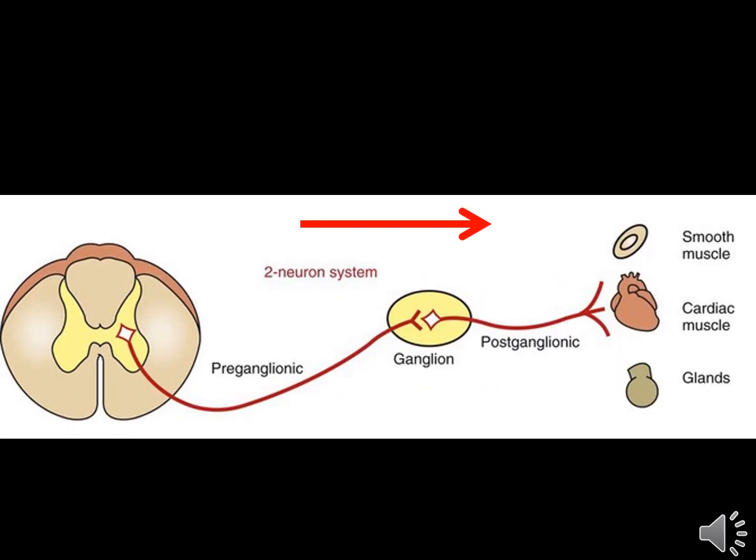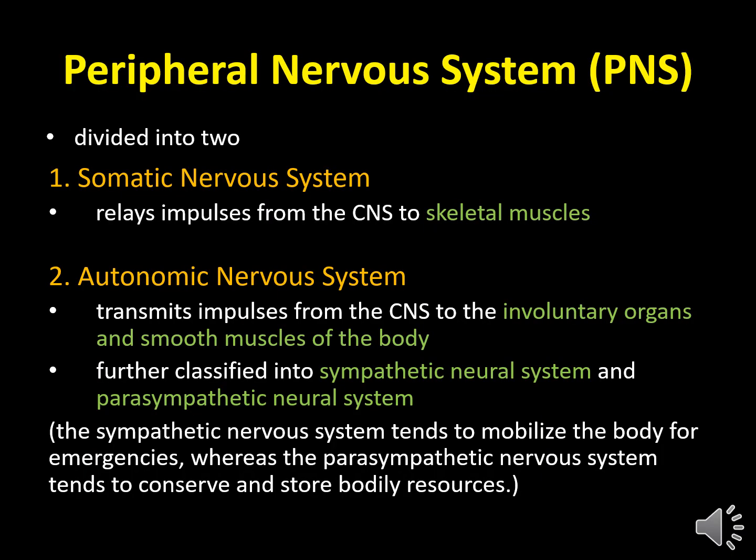The autonomic nervous system transmits impulses from the central nervous system to involuntary organs and smooth muscles of the body. The autonomic nervous system can be further classified into the sympathetic nervous system and the parasympathetic nervous system. The sympathetic nervous system tends to mobilize the body for emergencies, whereas the parasympathetic nervous system tends to conserve and store bodily resources.